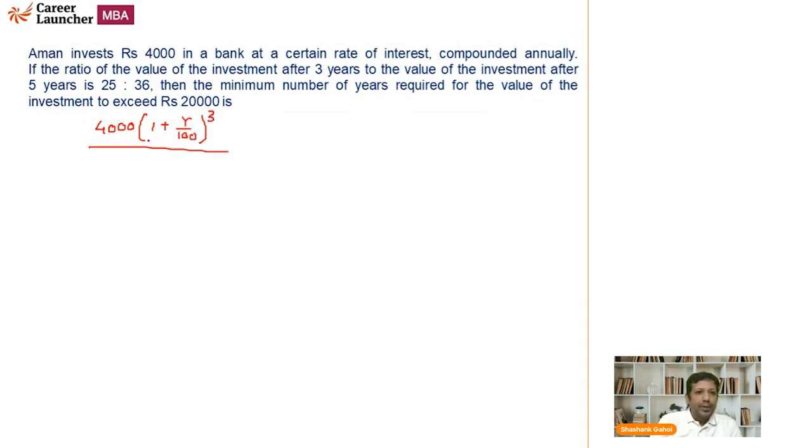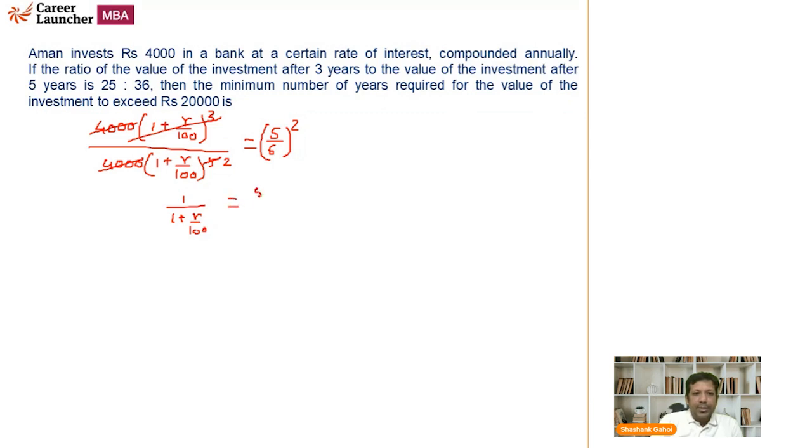Here it is 4,000 (1 plus r by 100) power 5. So the ratio of the amounts after 3 years and 5 years is (5 by 6) whole square. Okay, so that is the ratio given to us. 4,000 cancels out. This cube cancels out with the square. Okay. So I can say 1 upon 1 plus r by 100.